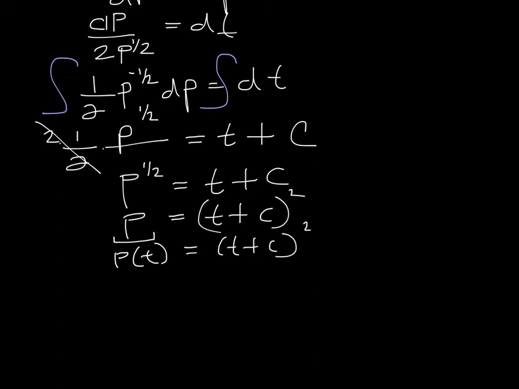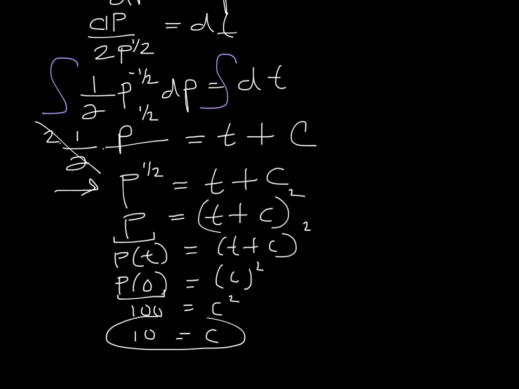It doesn't matter which equation we use. If we use this one, we get P of 0 equals 0 plus c, which is c squared. P of 0 is 100, so 100 equals c squared, so c must be 10.